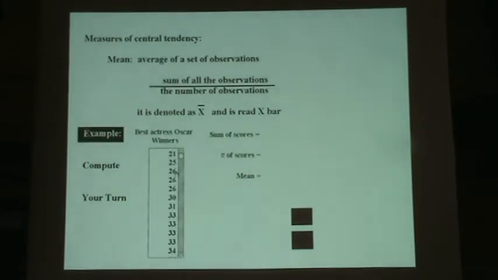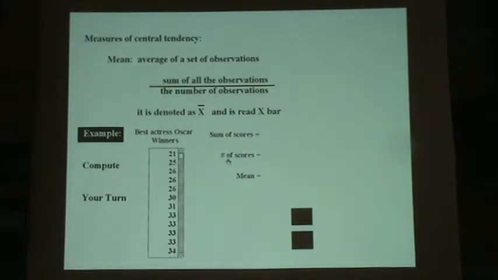We have the ages of our Best Actress Oscar winners, and this is a data set we've worked with. There are 32 pieces of data in this data set. I've just scrolled down, so you only see part of it. We'd have to add up all of these numbers, all 32, and that would be the sum of all the scores.